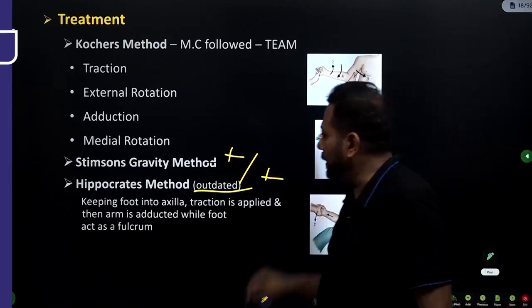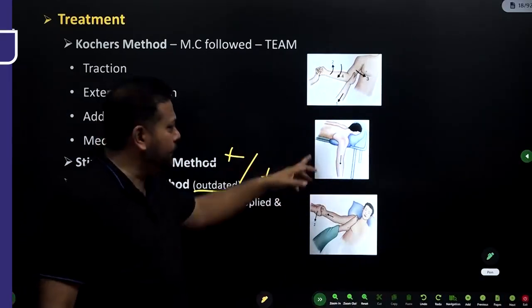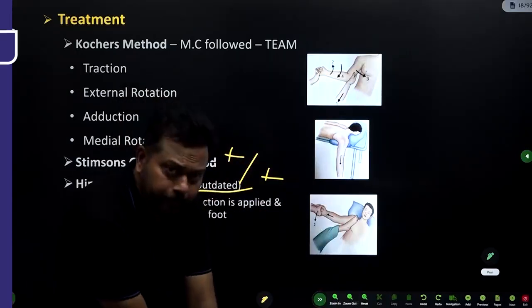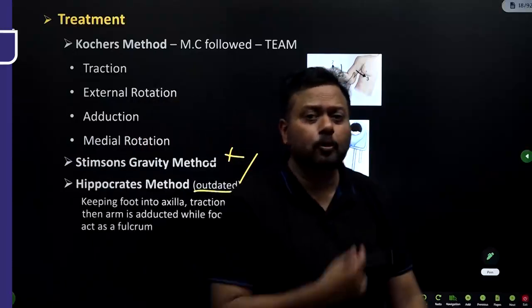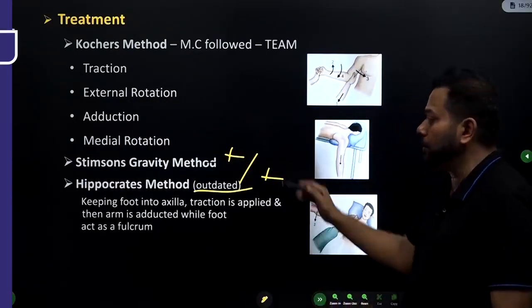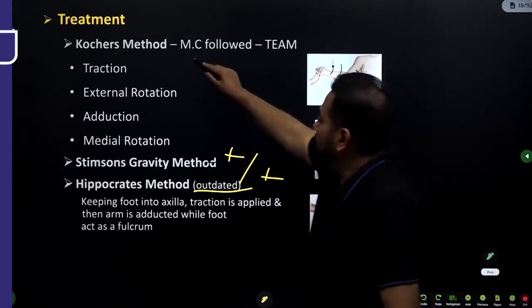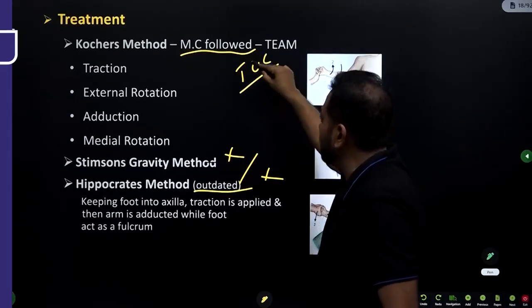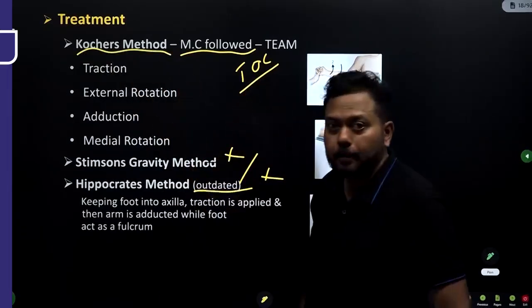Next is called Stimson's gravity method. It is not very useful, practically not a good method. Put the patient in prone position, ask the patient to hang, and put a weight over the wrist. Because of gravity and the weight, the shoulder dislocation may get reduced. Practically speaking, the most commonly followed technique, the treatment of choice, is Kocher's method.